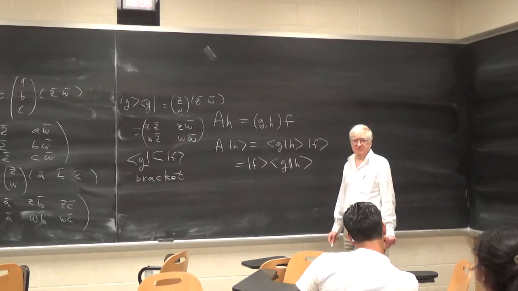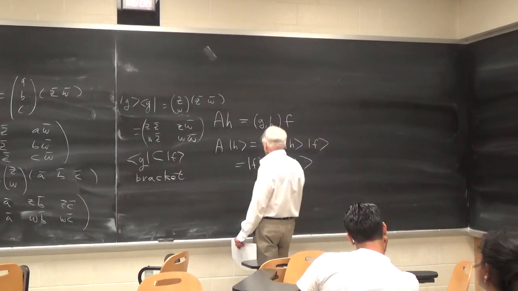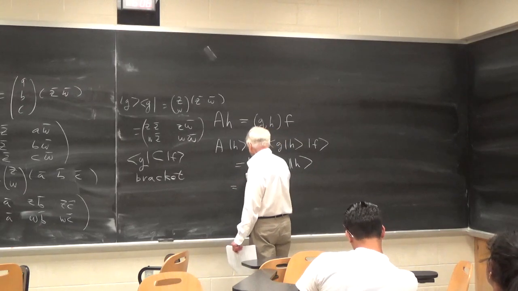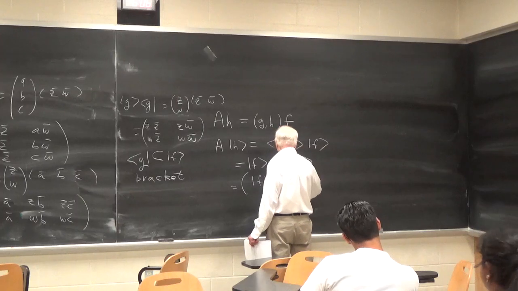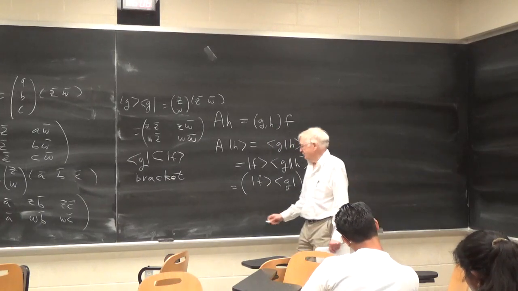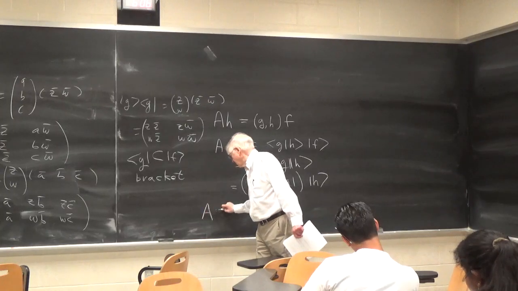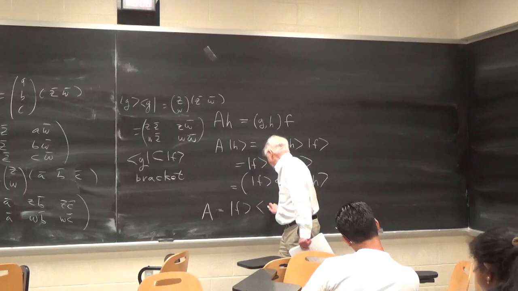It doesn't make any difference. Consequently, you can write this as F G times the ket H. So in other words, the linear operator A is the outer product F G.